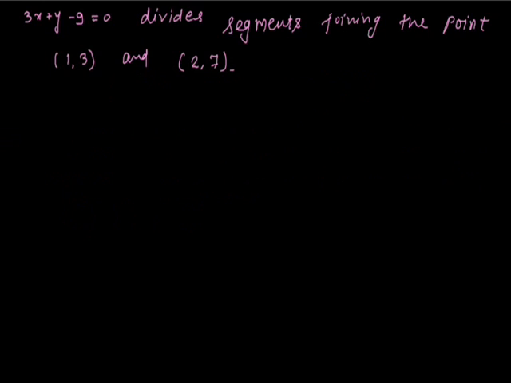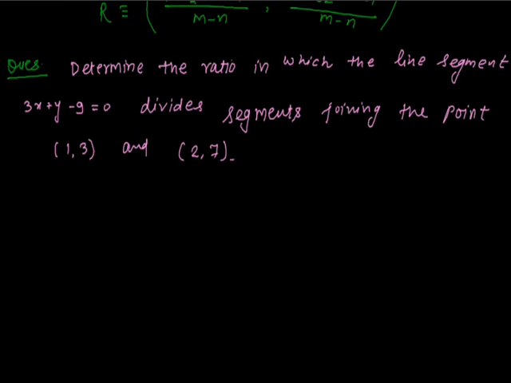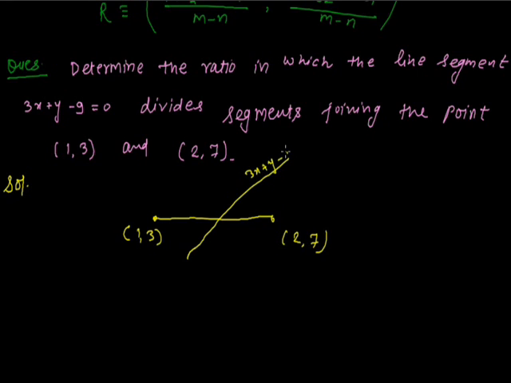To solve this type of problem, we can again use the section formula. Then how will we use the section formula? We can assume that the line segment joining the points (1, 3) and (2, 7) is divided by the line 3x plus y minus 9 equals 0 in the ratio k to 1.